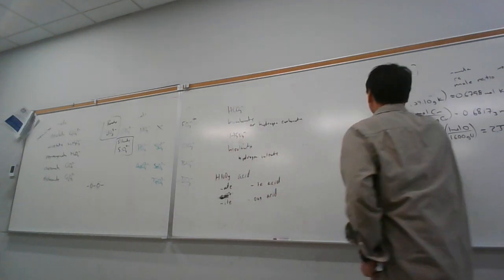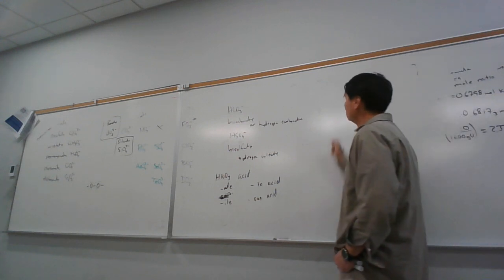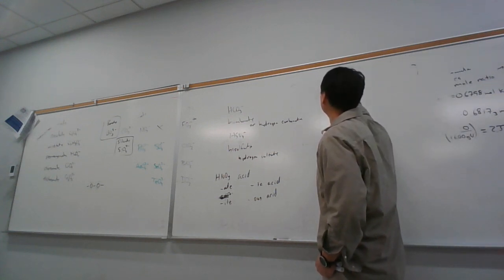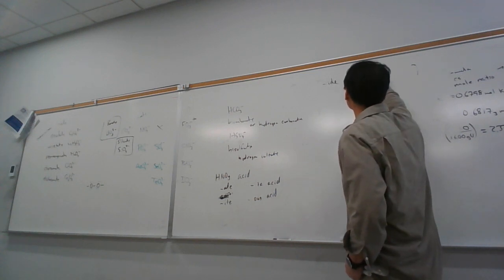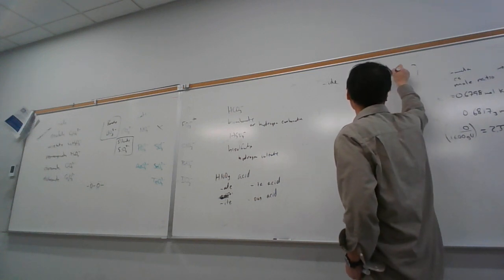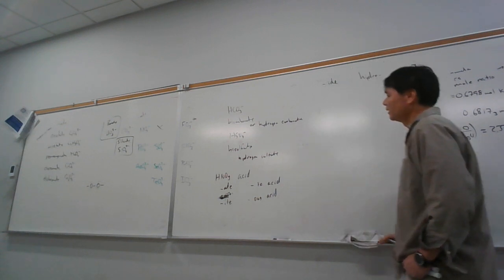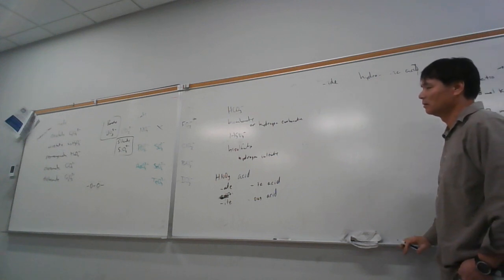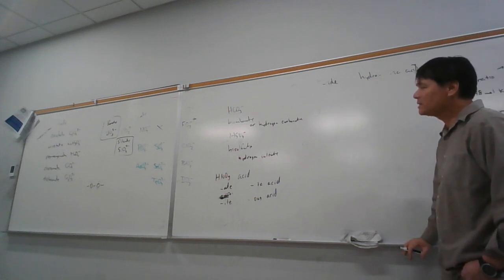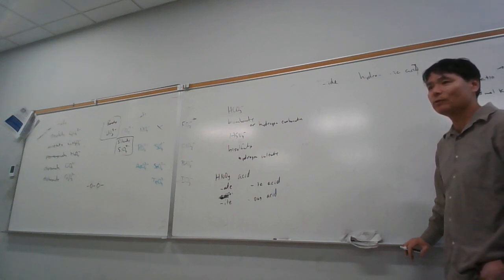And then there's one other ending, ides. The ides are going to form the hydro prefix, ic acid suffix. Like chloride forms hydrochloric acid. The ides I don't memorize either, because the ides we get off the periodic table, except for which ones?